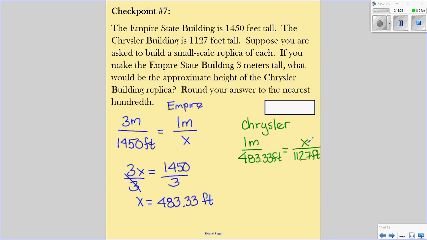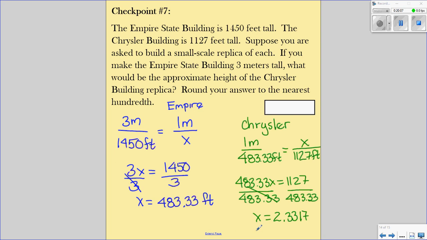and see how tall my model will be based on the small scale, the model scale. So again, cross multiply, and then you will divide by 483.33 on both sides. Let's see if I have that number. Okay, so that divided by that, and it will come out to 2.33172, but they want us to round it to the nearest hundredth.